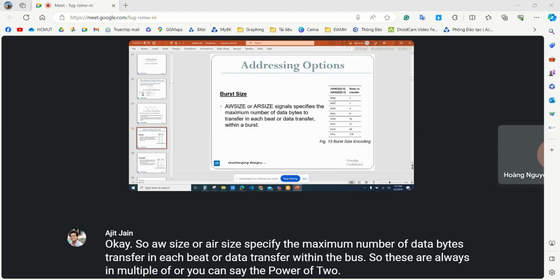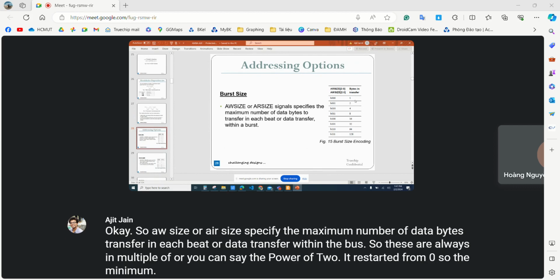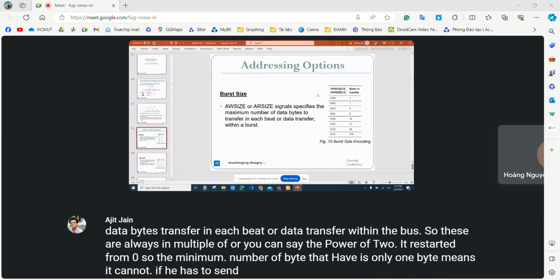It starts from 0. The minimum number of bytes the master can have is only 1 byte. If it has to send a transaction, it has to read at least 1 byte.